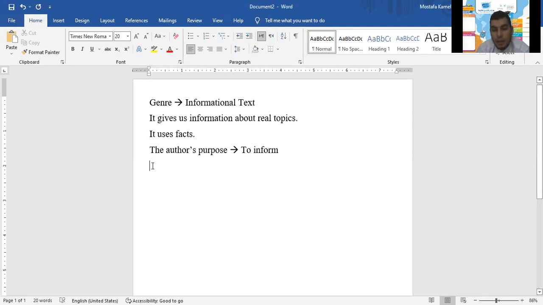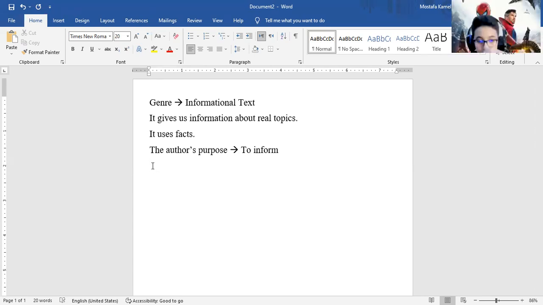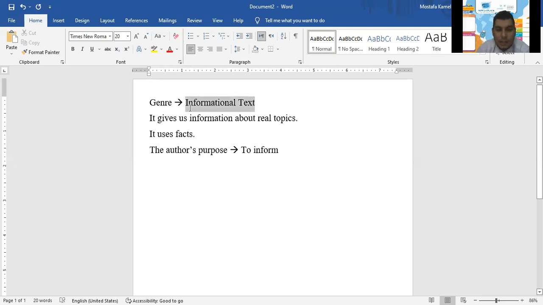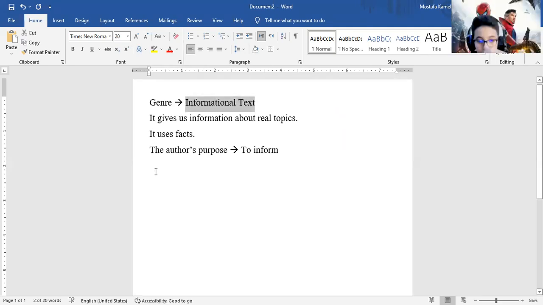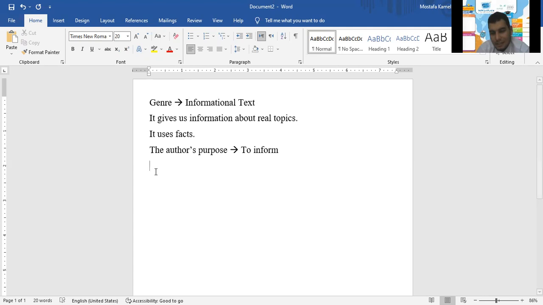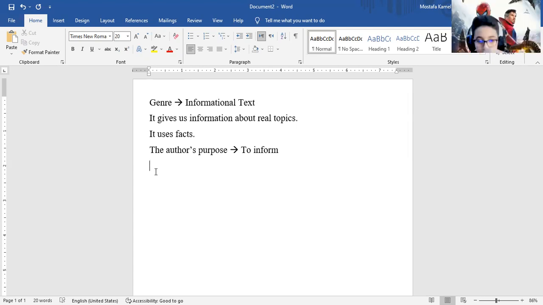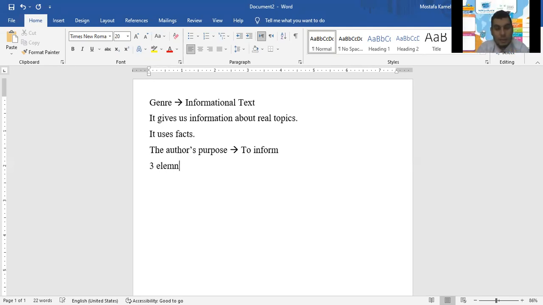How many elements are there in the informational text? Text features and other things. Yeah, how many are they in total? There are 2 or 3 or 4? 3. Let's guess. So we have 3 elements. What are they?